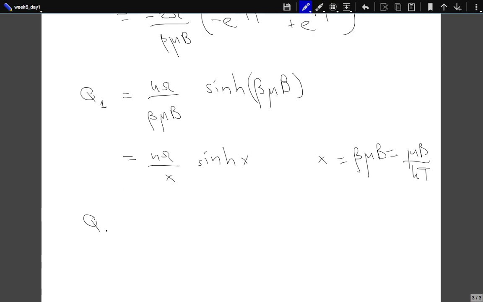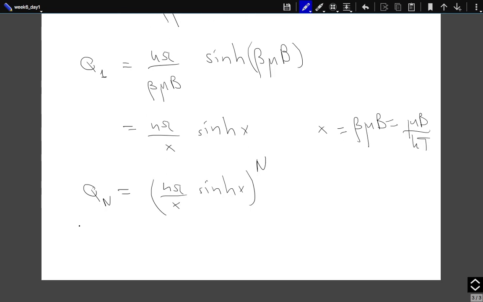So let's say Qn in our case is just 4 pi over x sine hyperbolic x raised to the power n. And the Helmholtz free energy, remember that was minus kT times logarithm of Qn. This is equal to minus n kT logarithm of 4 pi over x times sine hyperbolic x.